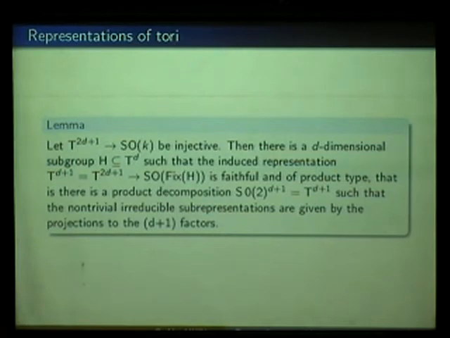Then the conclusion is that there is a subgroup H of dimension D such that the induced representation on the fixed point set is faithful and of product type, right? So what's our aim here? Let me try to explain it for T7.